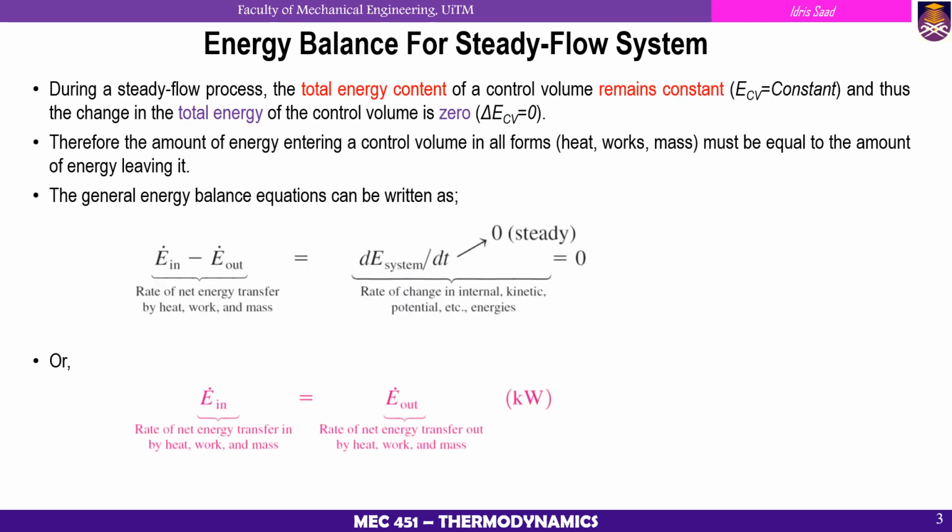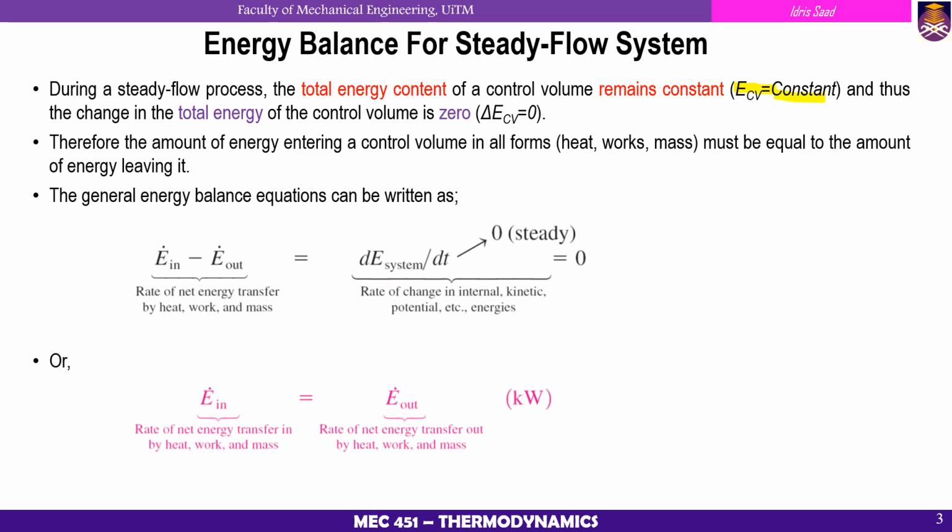Okay, during a steady flow process, the mass flow rate at the inlet and at the outlet of the system remains unchanged. Moreover, the volume of the mass within the system or inside the boundary also must remain unchanged. Then, the total energy content of the control volume must remain constant.